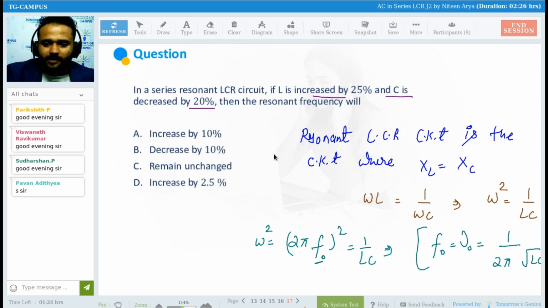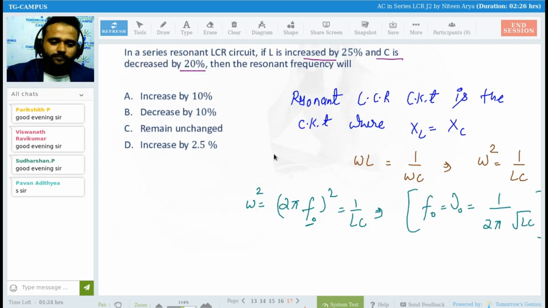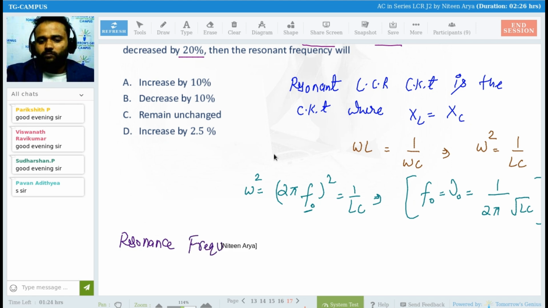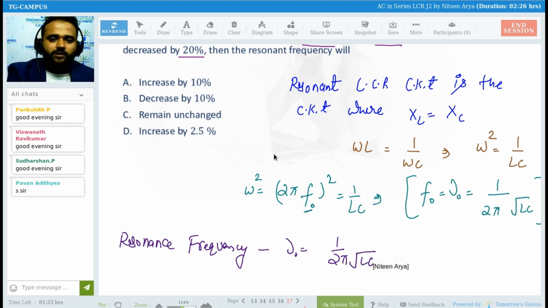This is my resonant frequency, f naught, basically the resonance frequency, 1 upon 2 pi square root of LC. So this is, beta, your resonance frequency.